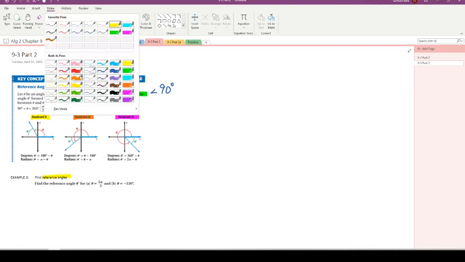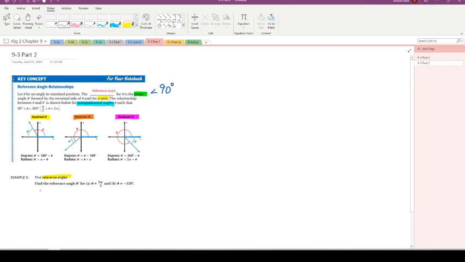All right, let's start off with this one. Find the reference angle theta for A. Okay, so we're going to do A over here, and remember that it is 5 pi over 3. So we're going to say 5 pi over 3 is equal to what?